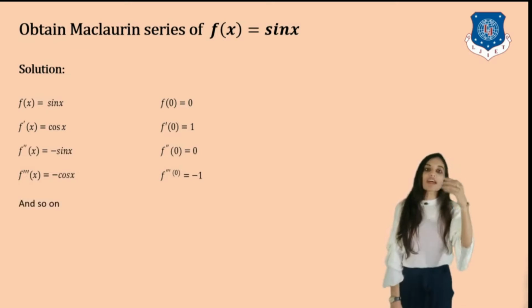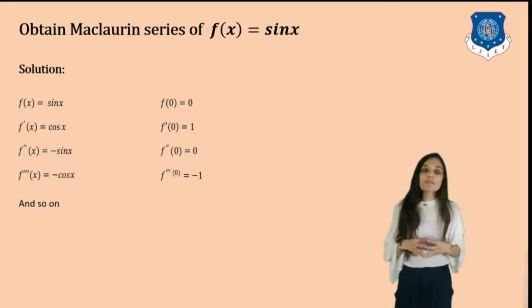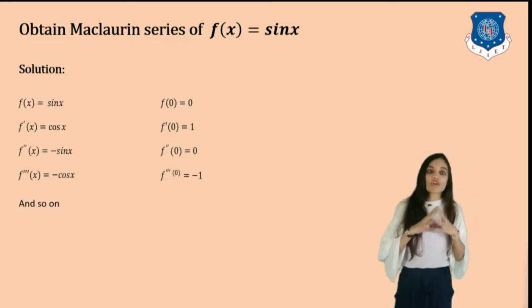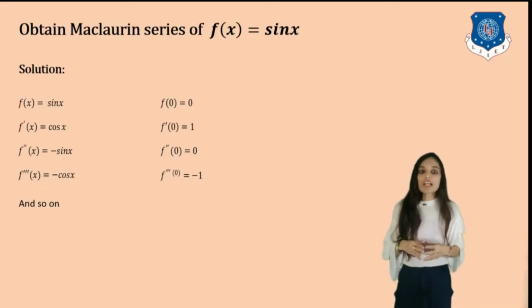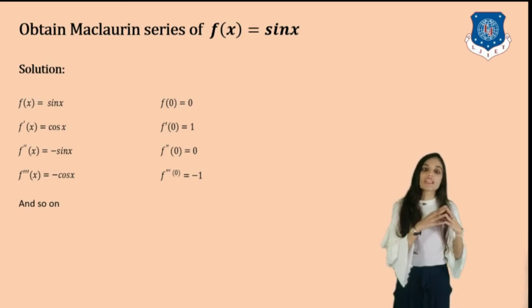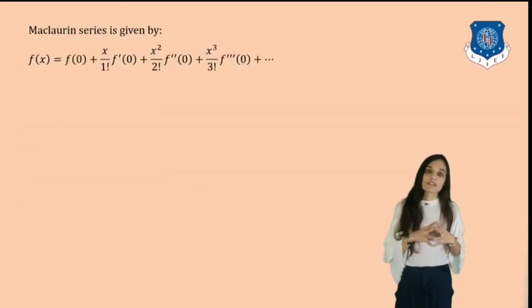Now in the derivatives and the function itself, we will put the value of a as 0. So f of 0 will be 0, f dash of 0, that is cos 0, will be equal to 1. Similarly f double dash of 0 will be 0 and f triple dash of 0 will be minus 1 and so on.